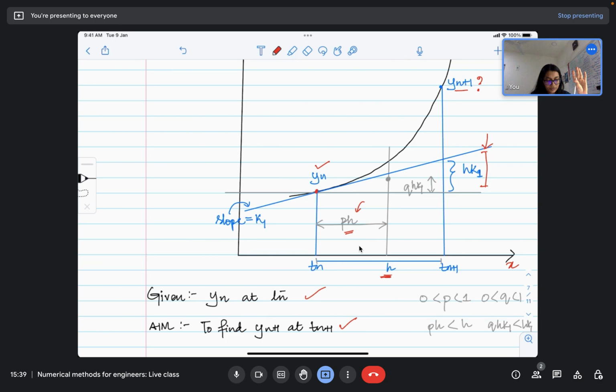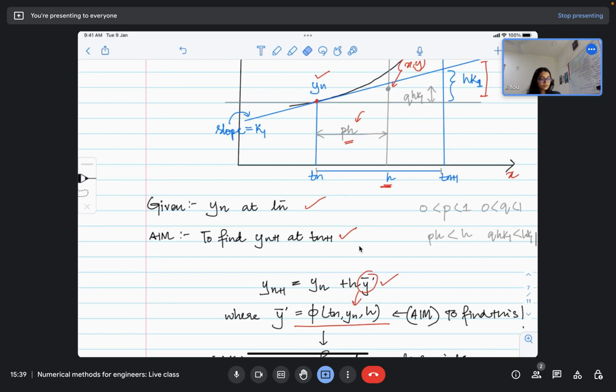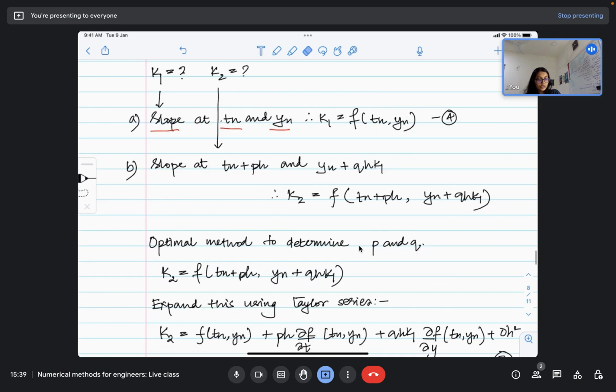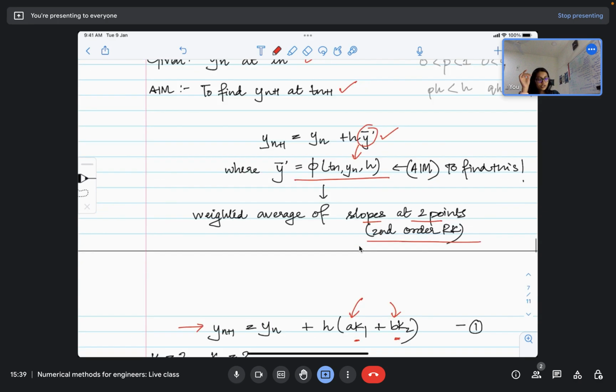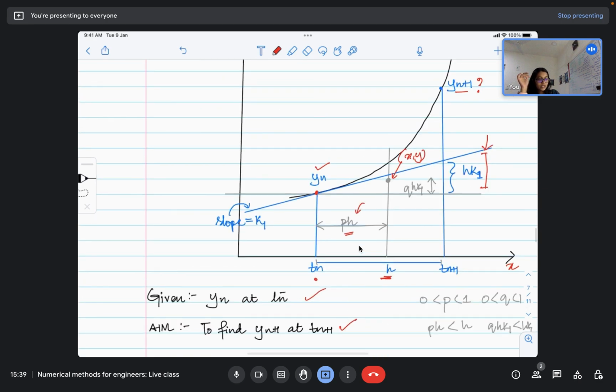Once we have figured out the x and y coordinates of this intermediate point, we are interested in finding the slope at this point. So we take tn, which was given to us, and add p times h, and you arrive at the x coordinate of this point.